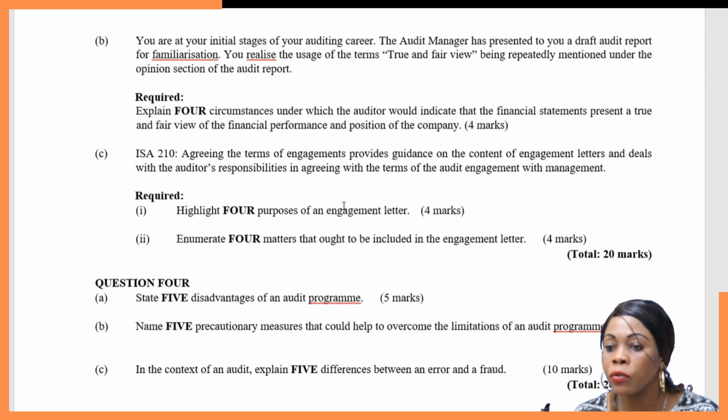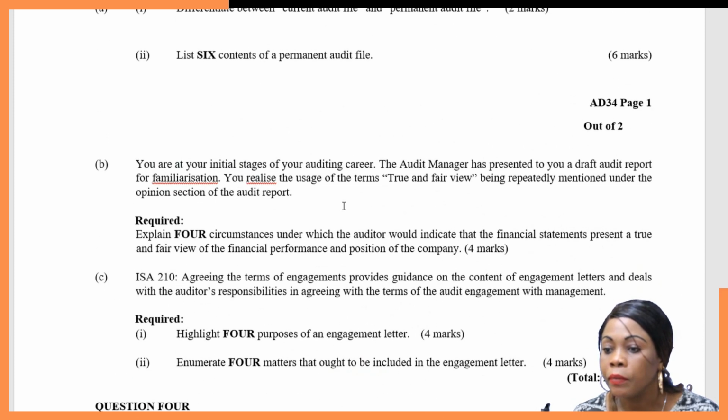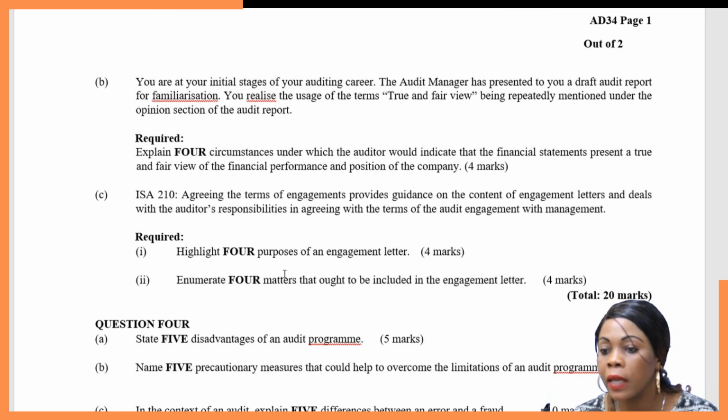The next question is question number 3, Part C. And it reads, ISA 210 agreeing the terms of engagements provides guidance on the contents of engagement letter and deals with the auditor's responsibilities in agreeing the terms of the audit engagement with management.